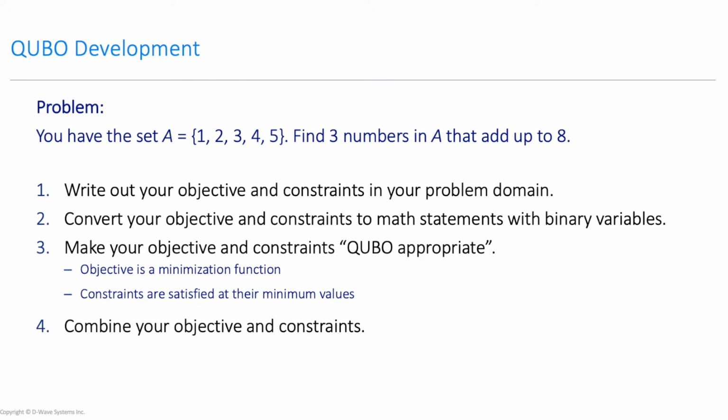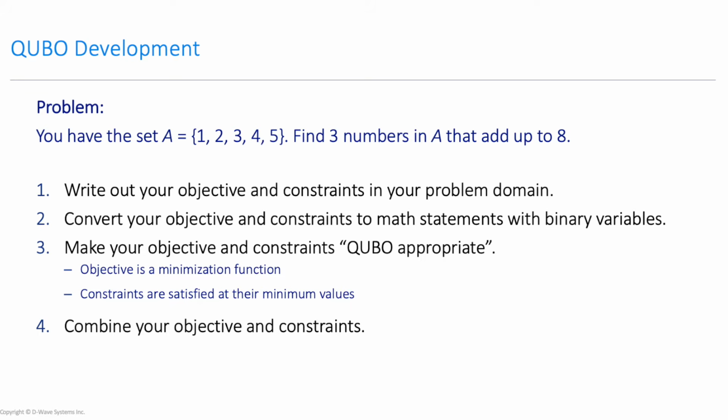And here's another basic problem to try. You have a set of 5 numbers, 1, 2, 3, 4, 5. Find 3 numbers in the set A which add up to 8. Okay, so how would you do that? You're going to follow these steps. Think through what this means. They add up to 8, so that's a sum. So go back to those previous few slides.